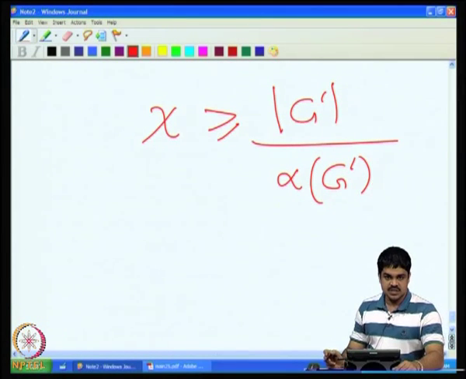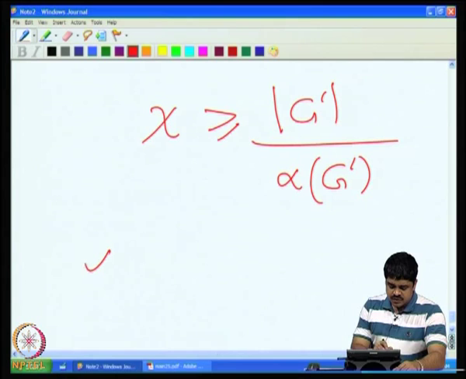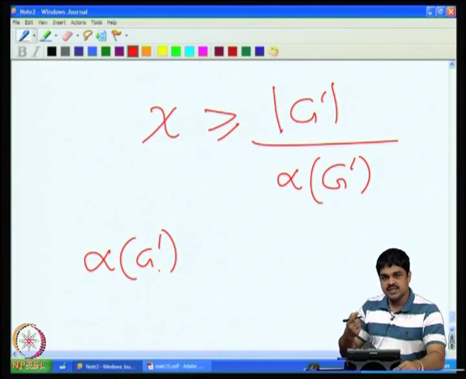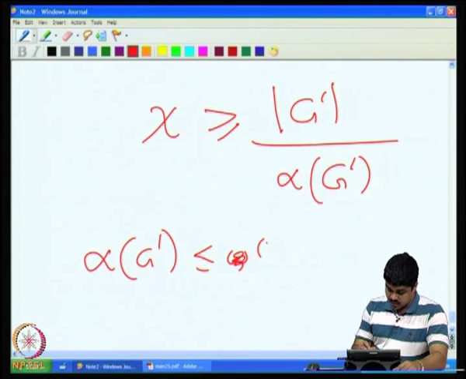Therefore, you need at least this many colors. But interestingly, this alpha of G dash can only reduce, because our operation was to substitute each vertex by a clique. Now, it cannot increase, because the original biggest independent set can only be bigger than or equal to the alpha of this.